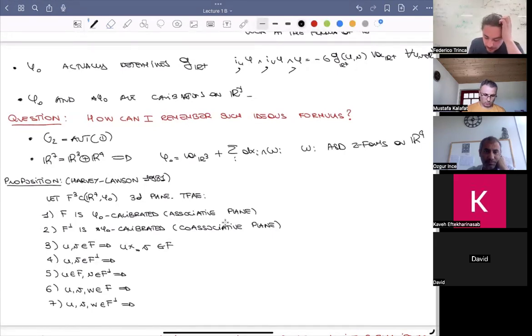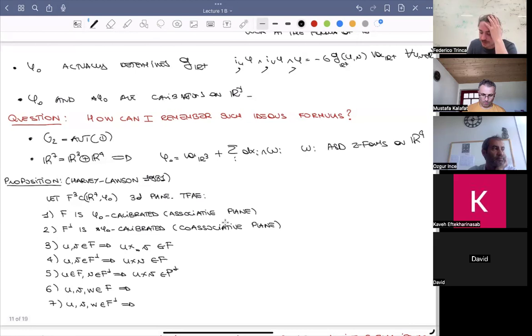And if I'm in the cross-associative case, then the cross product is mapped into orthogonal. So if I take two vectors that are cross-associative, the cross product is going to be in the associative plane. Then finally, if I take two mixed terms, then I get something in the cross-associative plane.